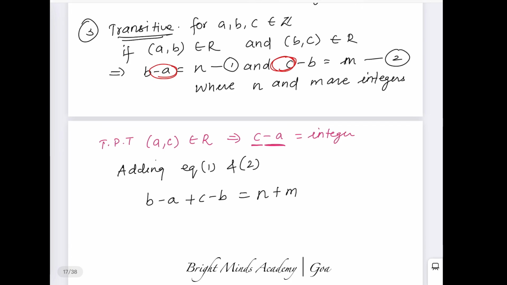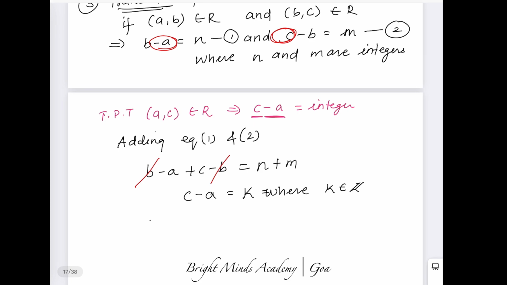I'm adding the left hand side separately and then the right hand side separately. If you look right here, b minus b cancels, and if you rearrange it, I'm going to get c minus a equal to n plus m, which I can write as another integer k, where k belongs to Z, and therefore a comma c belongs to the relation R, therefore R is transitive.